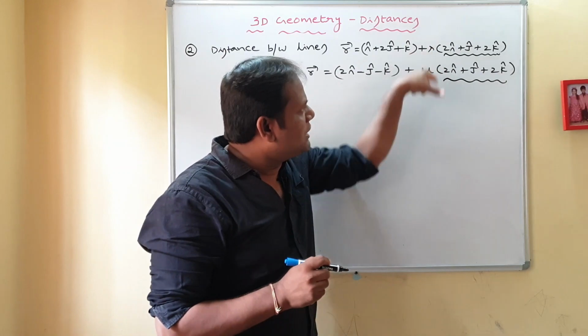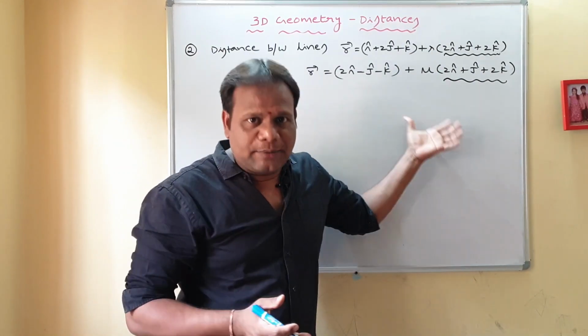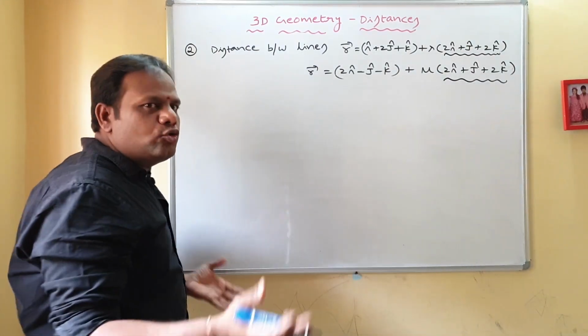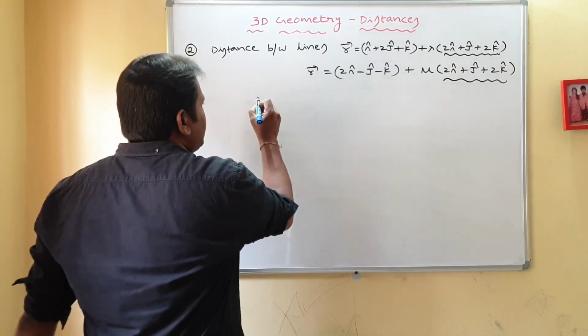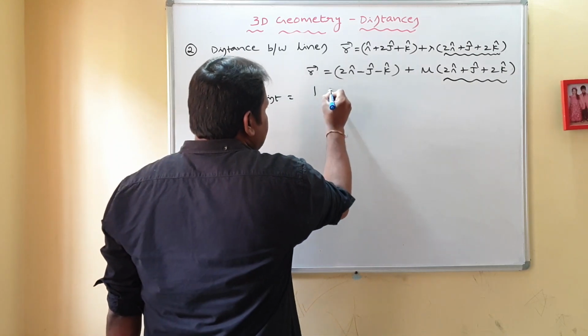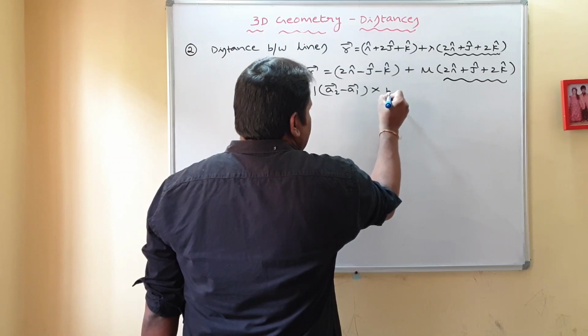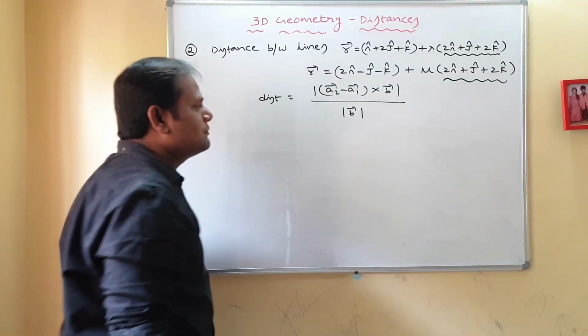Are they having the same DRs? Yeah. So are they parallel lines? Yes. We have to find distance between two parallel lines. So just now we derived the formula. What is the formula? The required distance is mod of a2 bar minus a1 bar cross b bar by modulus of b bar.